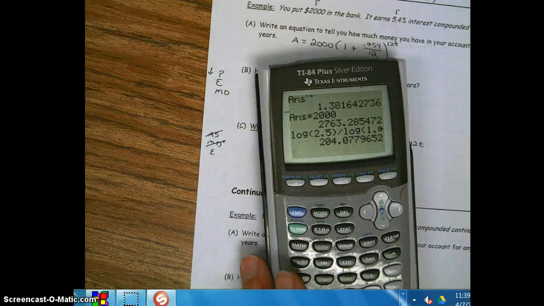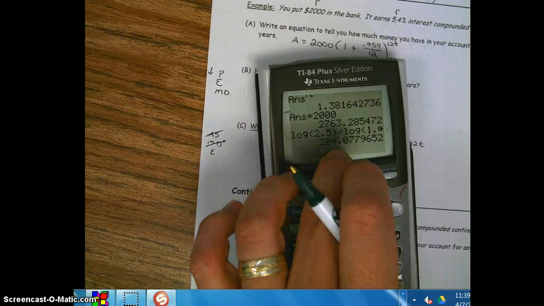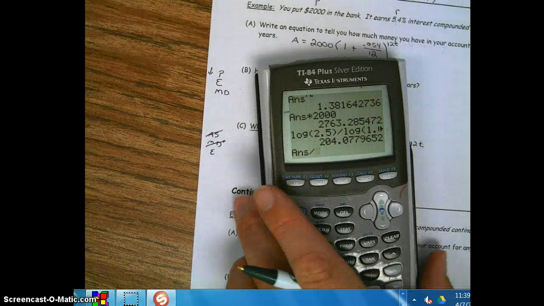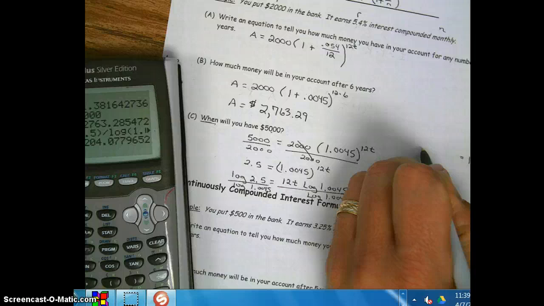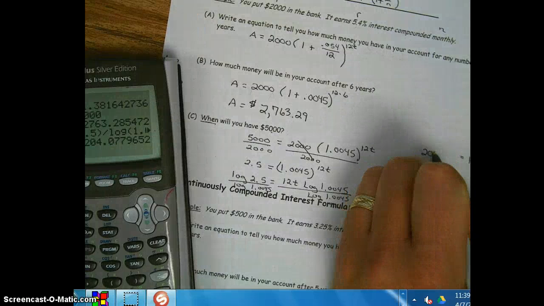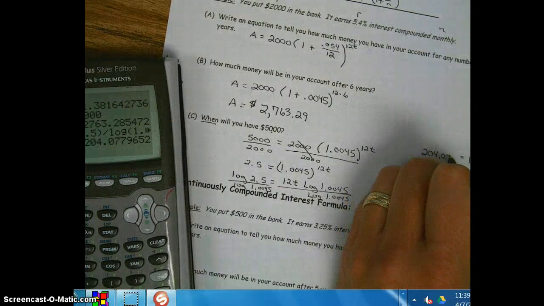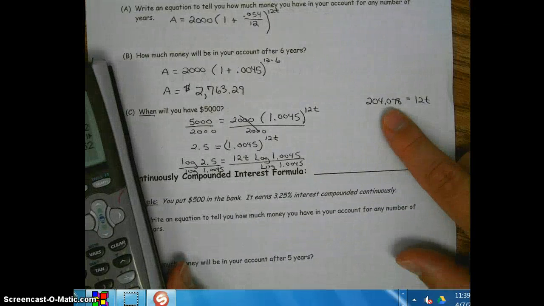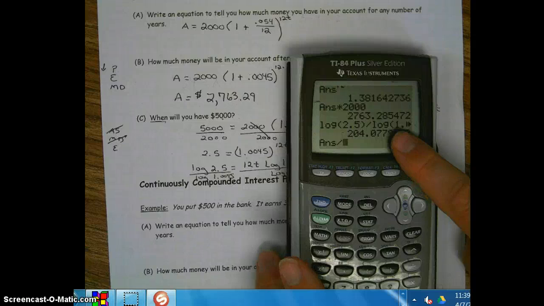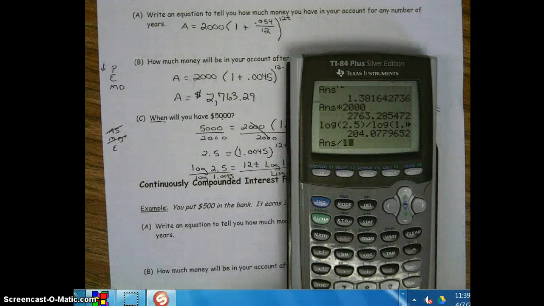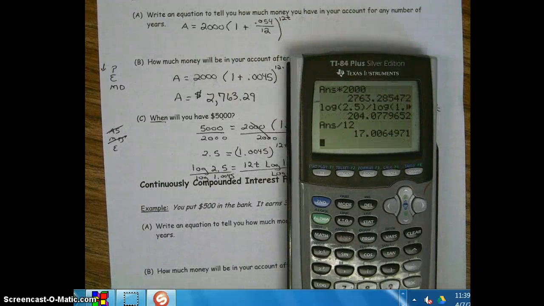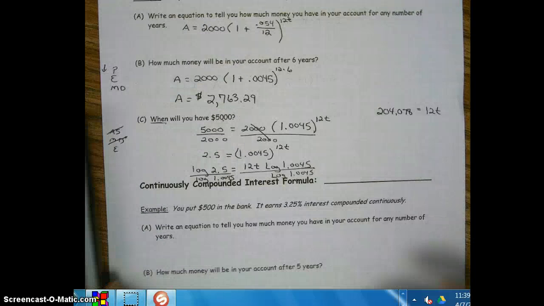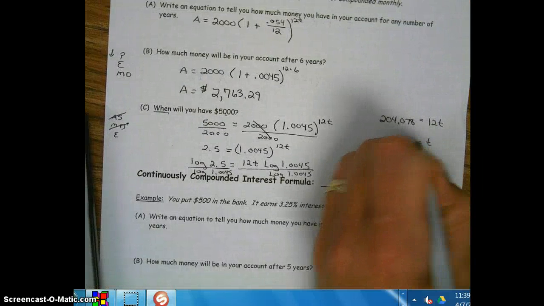Now what you want to do here is just divide by 12. Don't use the approximate. Try to use the long number. So it's going to take 17 years to get that much money.